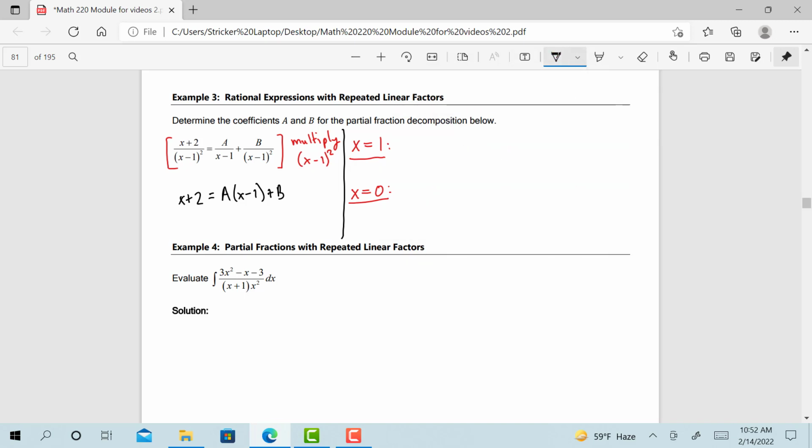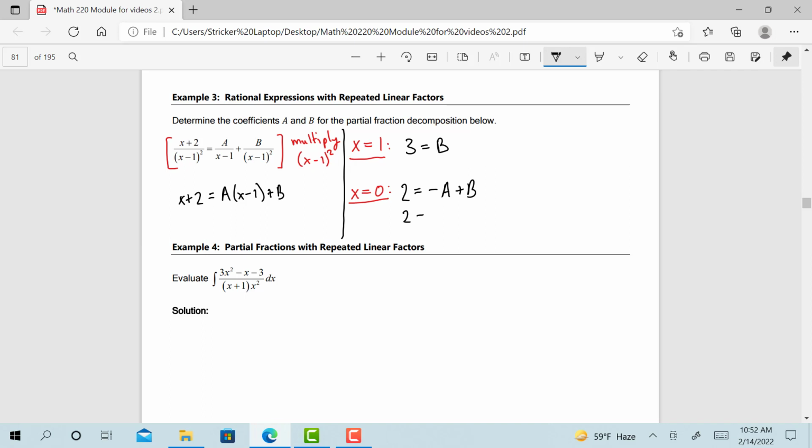So we plug in 1. Of course, 1 plus 2 is 3 on the left side. The A part's going to cancel, and we just get B equals 3. So that part's easy. Now, when we plug in 0, the left-hand side is 2, and then we have 0 minus 1 is negative 1, so we have negative A plus B, but we know B is 3, right?